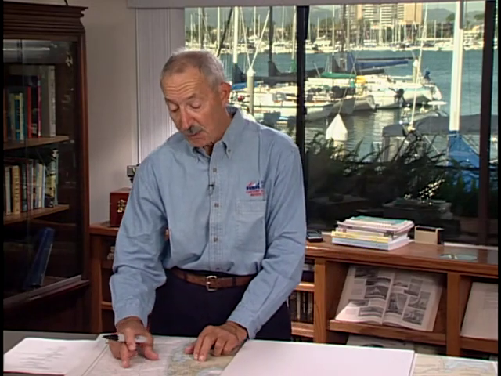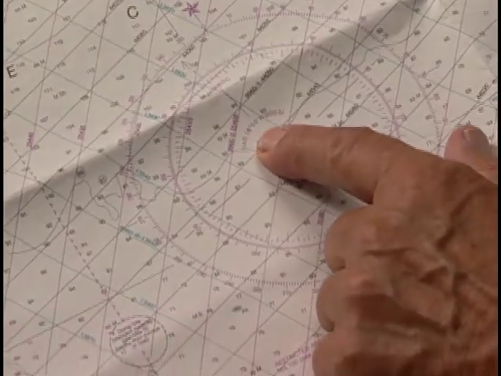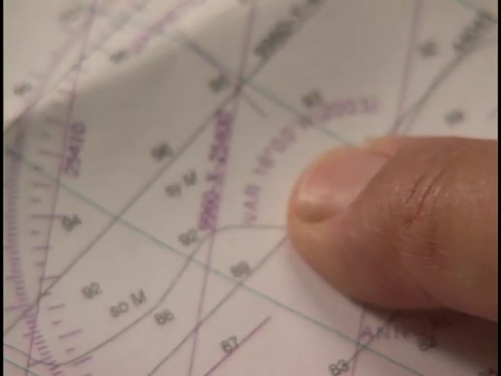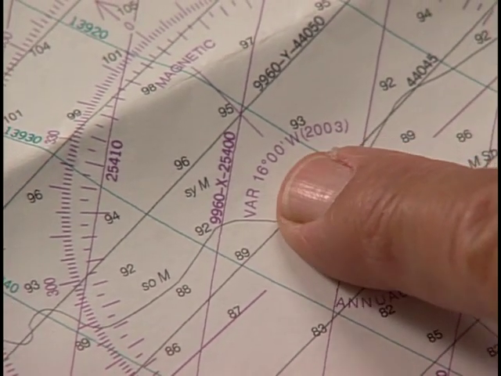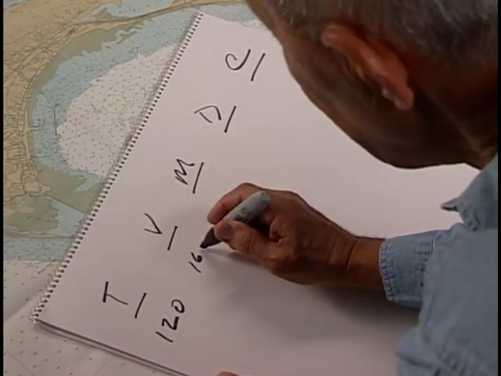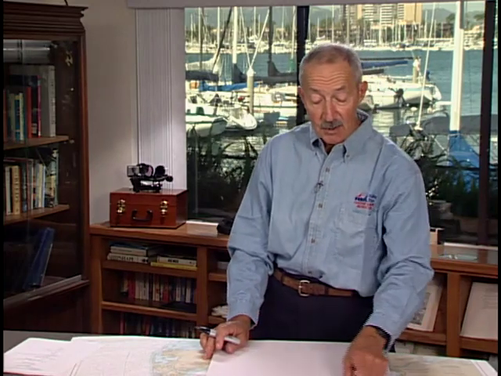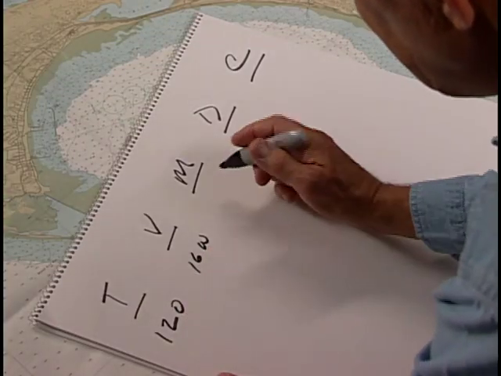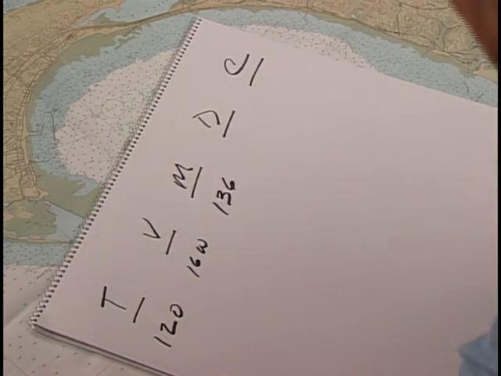If I look at my chart and I look at the difference between the true and magnetic compass roses, I can read in the middle of this compass rose, it says variation 16 degrees westerly. So in this column, I can write 16 degrees west. Now, I have true and I have variation. If I want to know magnetic direction, adding those two numbers together, I'll get a magnetic bearing of 136.